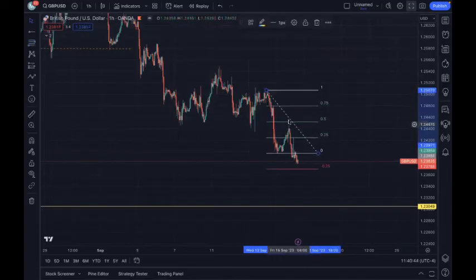Premium level for a sell. So this was the last move. And you could see if you had set an entry between the 25% and the 50%, you could have easily gotten in here to continue the sell. All right. And then we know she's coming here.